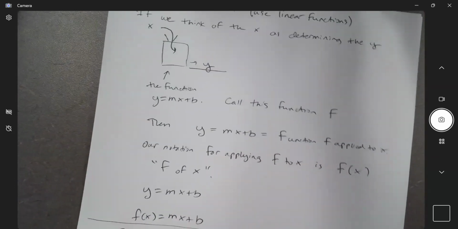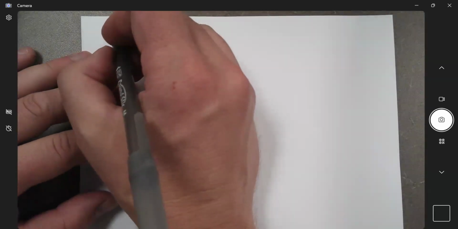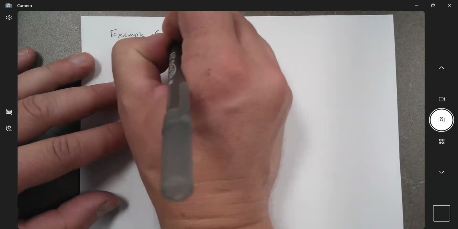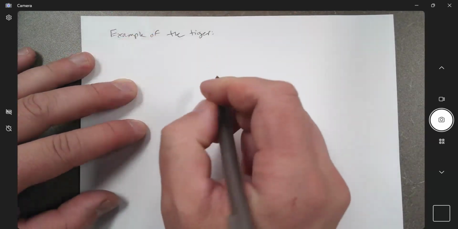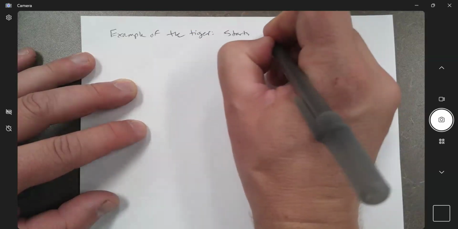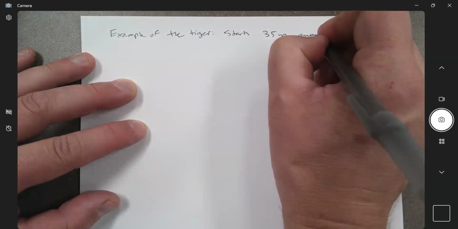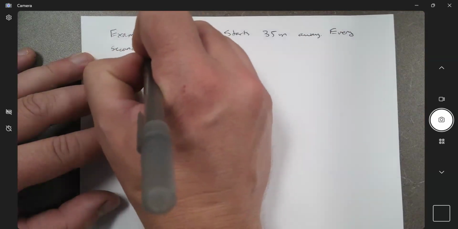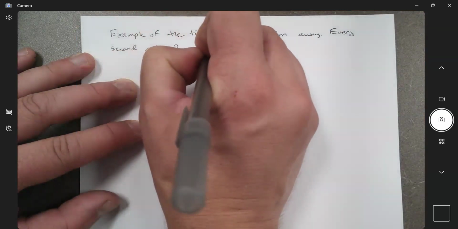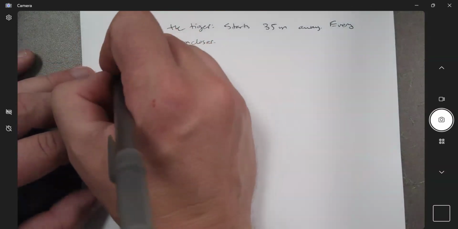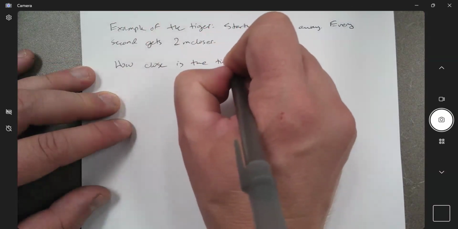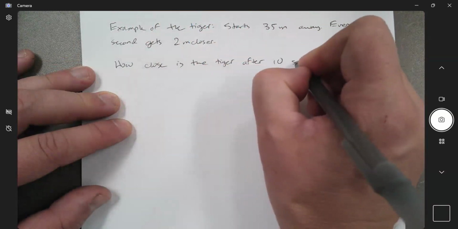We can ask the other way around. Let's consider our example of the tiger. It starts 35 meters away. Every second it gets 2 meters closer. How close is the tiger after 10 seconds?